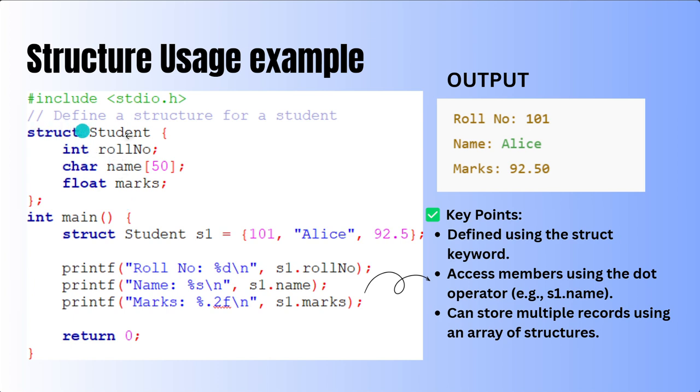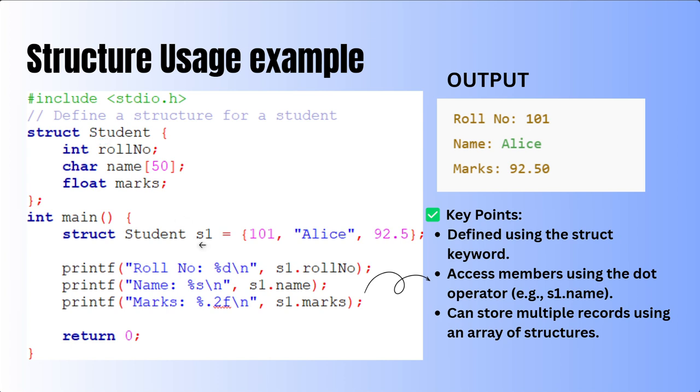Struct is a keyword. This is student. Student is a structure which consists of so many data types, right? And this order is followed, remember. So now this is a user defined data type, and now this is a variable. S1 is a variable. Okay, student is the data type of struct. Struct student S1: S1 is a variable of the student structure type.